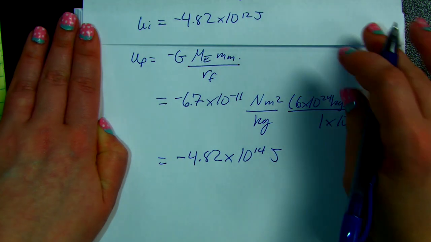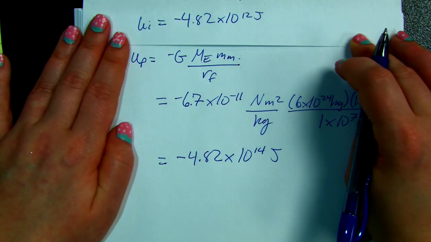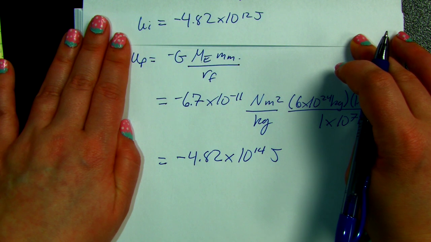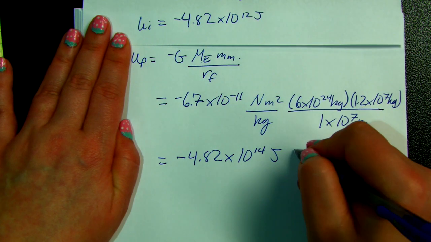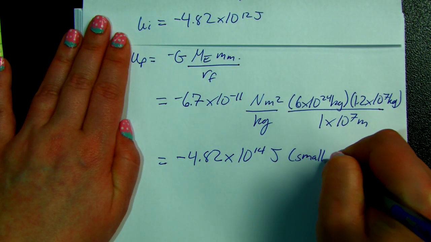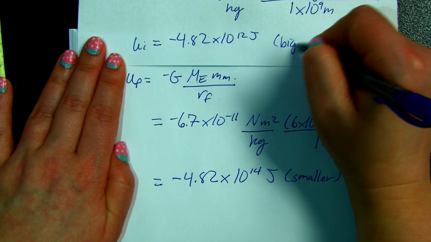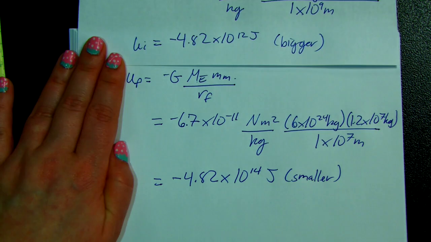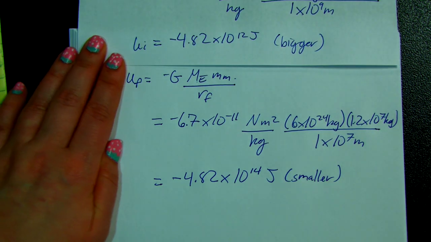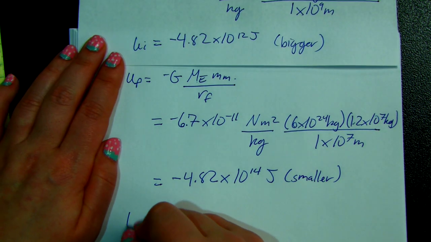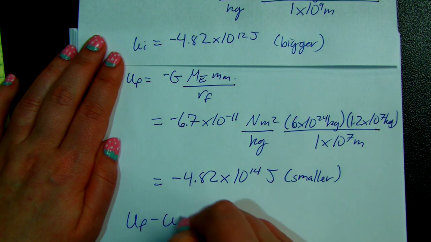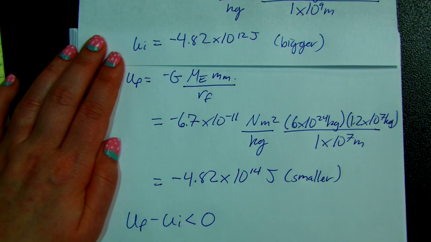So we can see this is a smaller number. It's more negative than this, which is a bigger number. It's less negative. So U_F minus U_I is going to be less than 0.